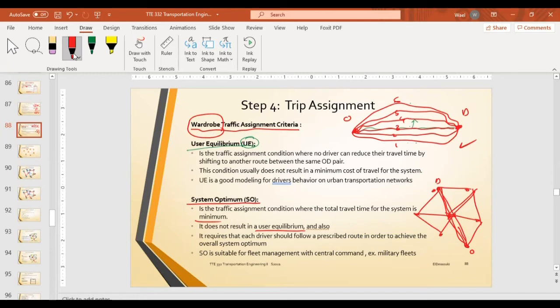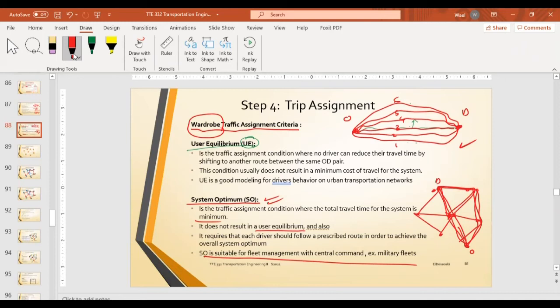But system-wise, it might be optimum to go this way. That means drivers are prescribed, are told, go this route, don't go this route. Okay, so what is the system optimum useful for? It's suitable for fleet management.